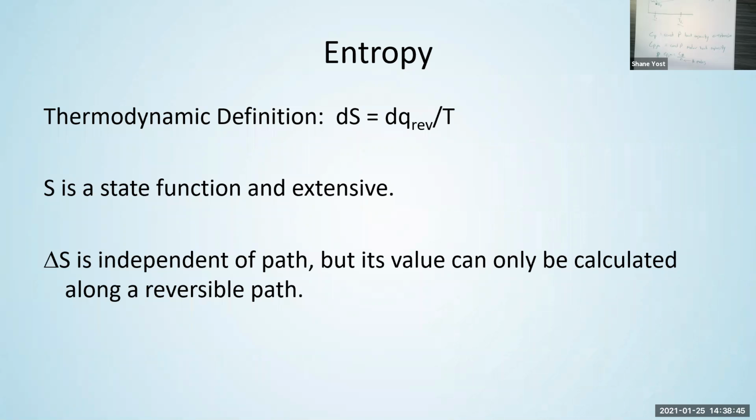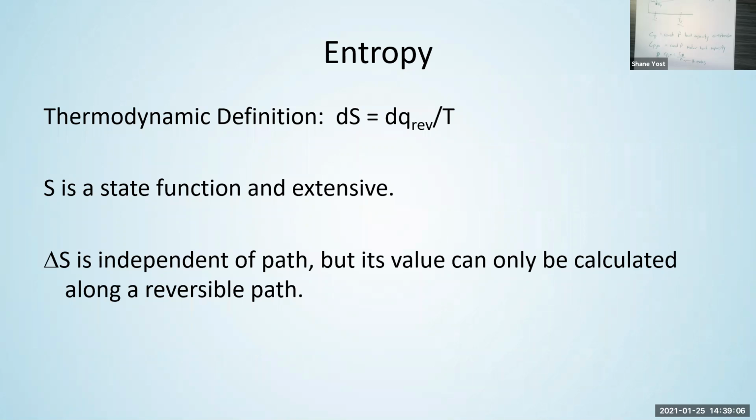Thermal equilibrium, same temperature. Chemical equilibrium, same chemical potential everywhere. That's the definition of something in equilibrium, and a reversible change is when you maintain equilibrium while you make your changes in state.